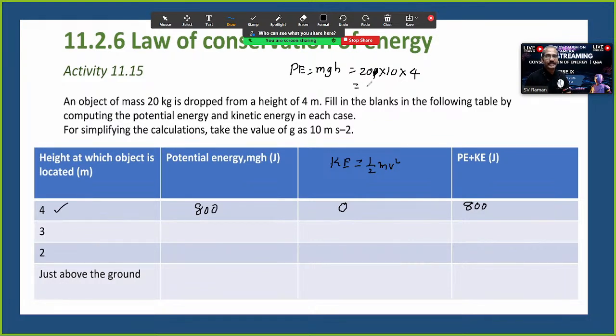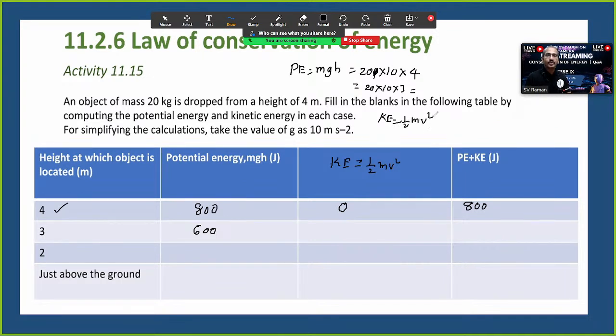Now we can calculate the potential energy at 3 meters. So you can write it again 20 into 10 into 3. How much? 600. Again the kinetic energy, how much is it? Kinetic energy K is equal to half m into v squared.